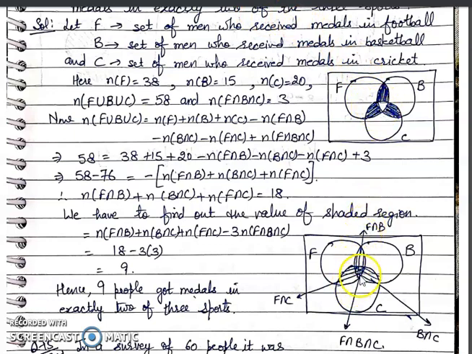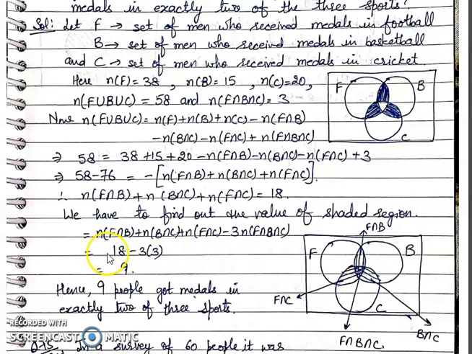So the people who get awards in all 3 medals, we have to subtract 3 times because it is added in all the 3 intersections. So we subtract it 3 times. It is clear, I hope it is clear to all of you.